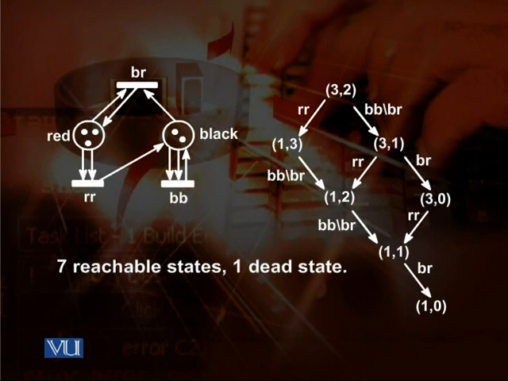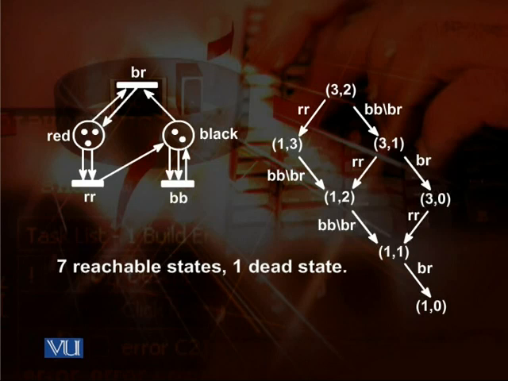If we look at the other transition, RR, it takes 2 tokens from the red place and deposits 1 token into the black place, and hence this transition results in the state with 1 token in the red place and 3 tokens in the black place.